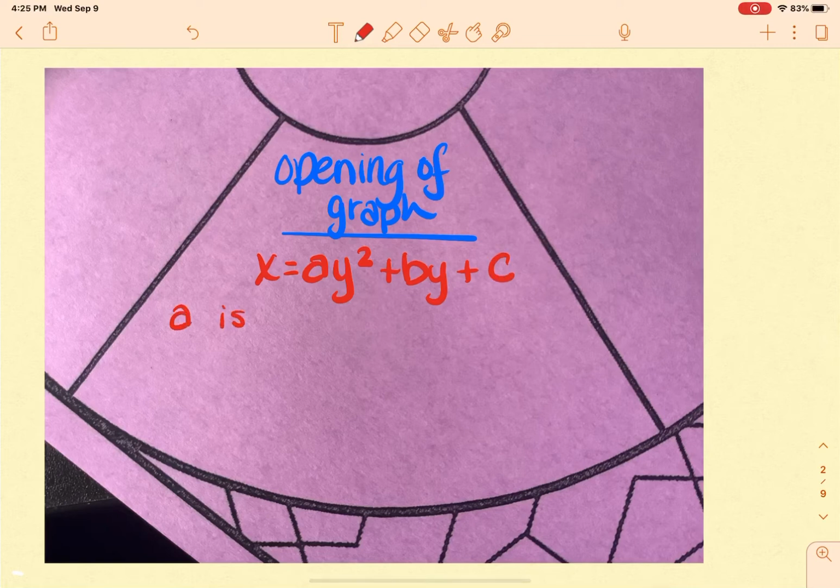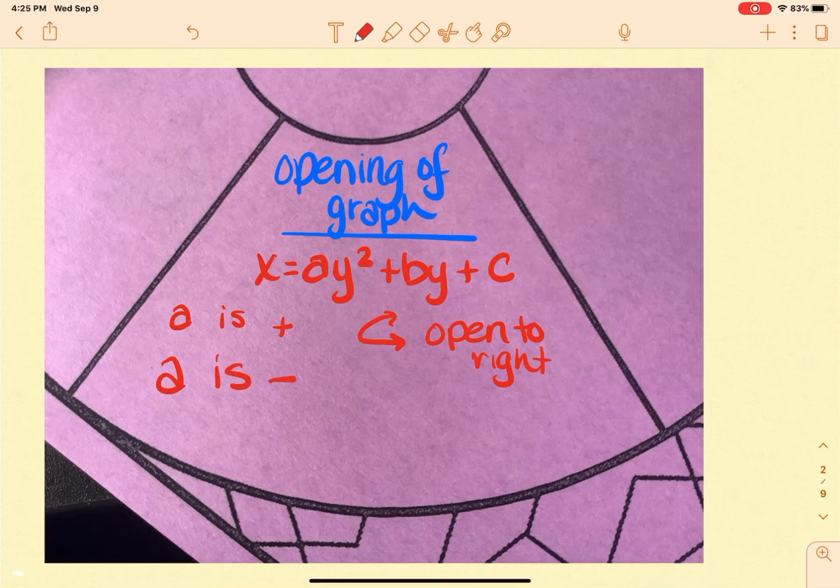So if a is positive, it's going to open to the right. And again, if we're talking about a, we're talking about this value right here. So if that value for a is negative, then it's going to open to the left.